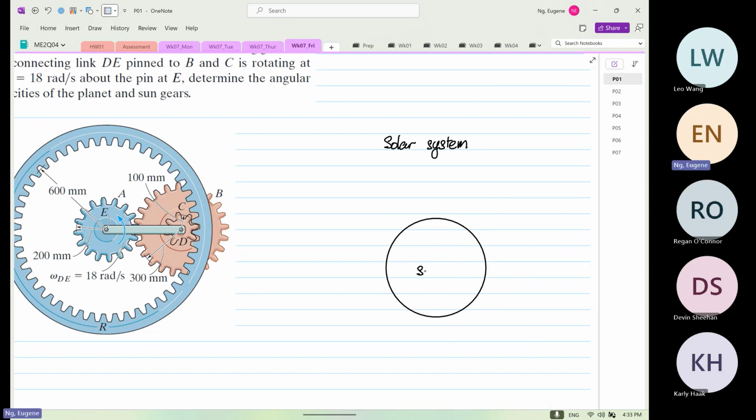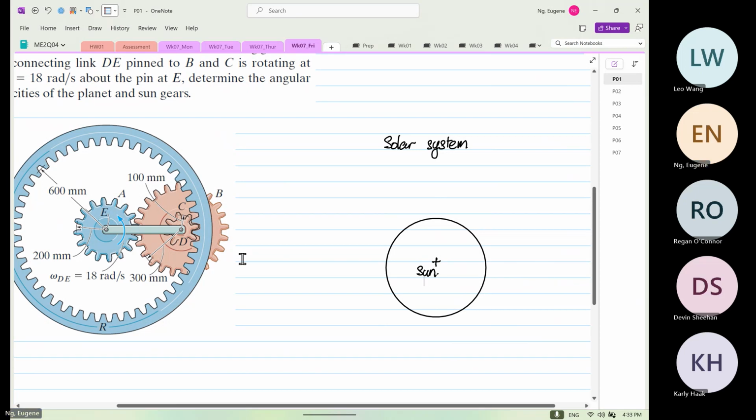This is the sun, and the sun is usually associated with the center of rotation. Where we are on planet Earth, the sun doesn't seem to be moving.